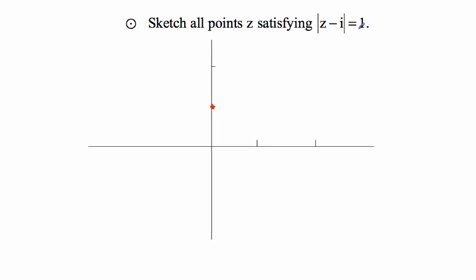Now, if you look at this, immediately the thought comes that this is a circle whose radius is 1. And so it's something that will go around like this. And this is the point z. And this is the point i.